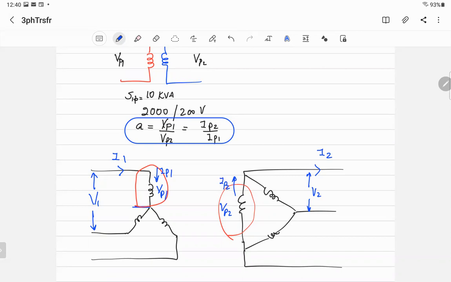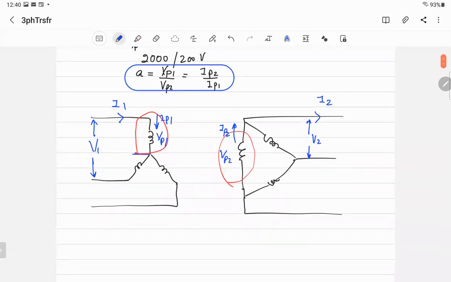That's very important to do in this way, not to make any mistakes, so be precise. Now, I want to find the relationship between voltage and current on the secondary side, the line values, and voltage and current on the primary side, I1 and V1.